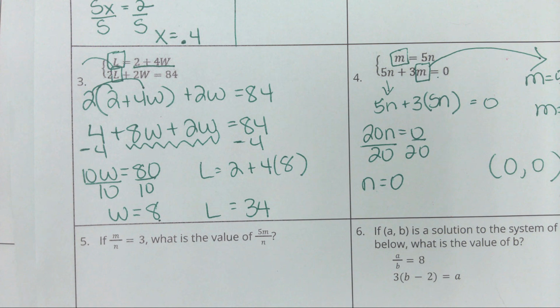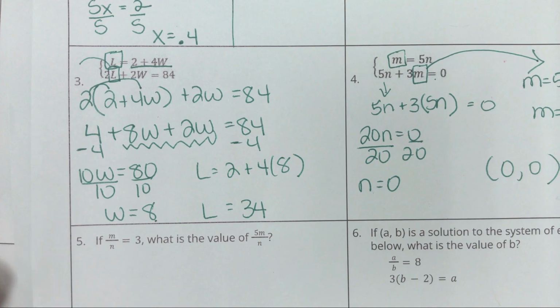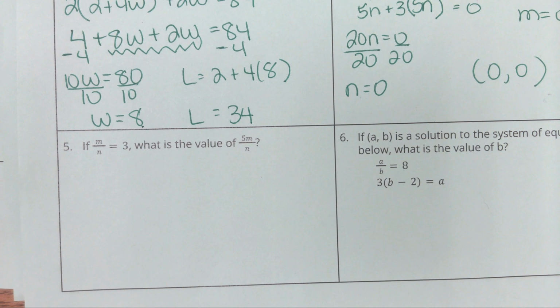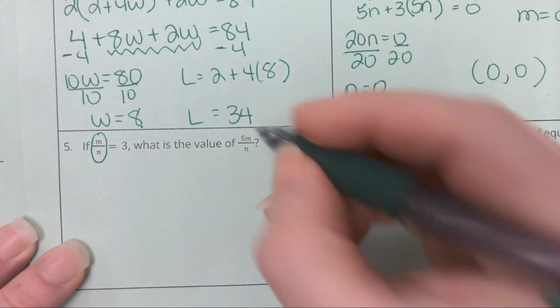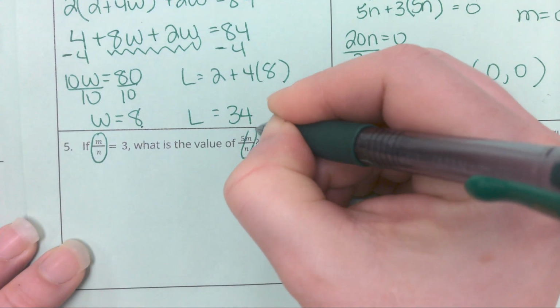Let's do a couple of these. These are kind of PSAT-ish, okay? Sometimes instead of just a variable alone, you can get an expression alone. Do you see here how there's m over n? Do you also see that same m over n right there?